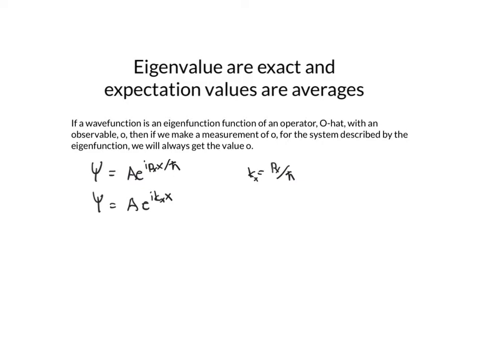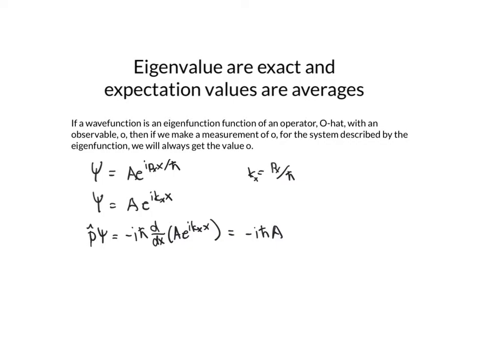Now let's see what happens when we operate our momentum operator on psi. The momentum operator is minus i h bar times the first derivative with respect to x of psi. So I have my minus i h bar. A is just a constant, so that just comes out.